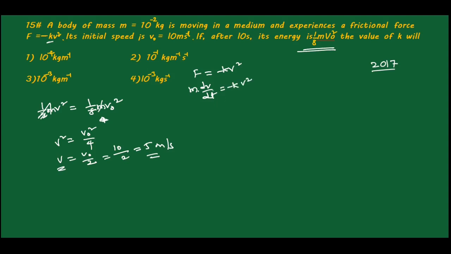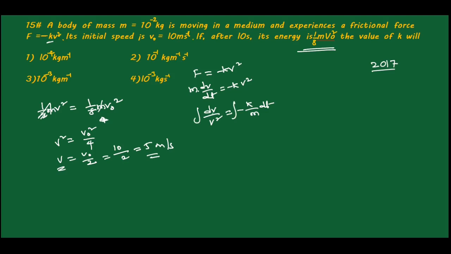I am rearranging this equation: dv by v square, taking v square to this side and the remaining terms to the other side, equals minus k by m into dt. Now integrate on both sides.